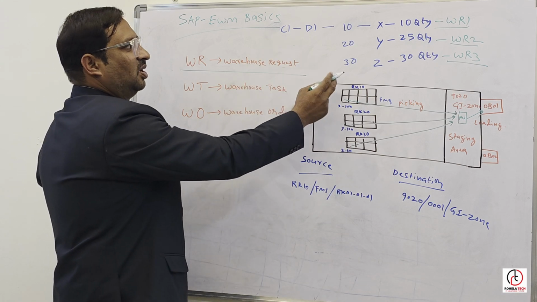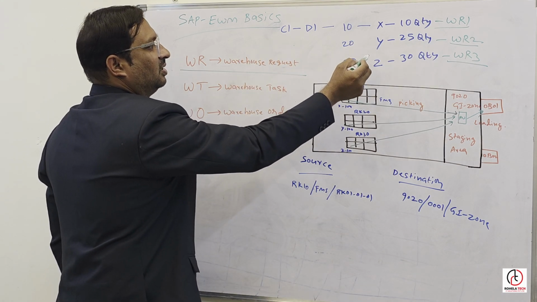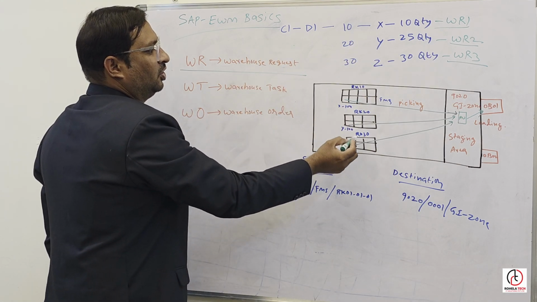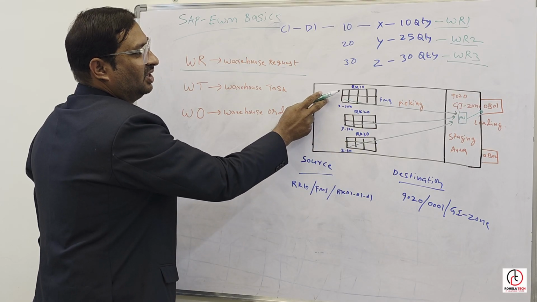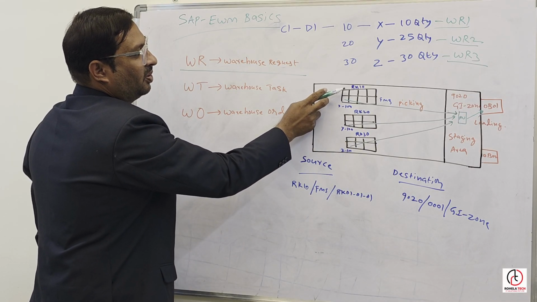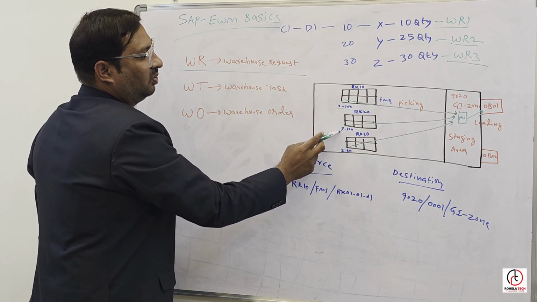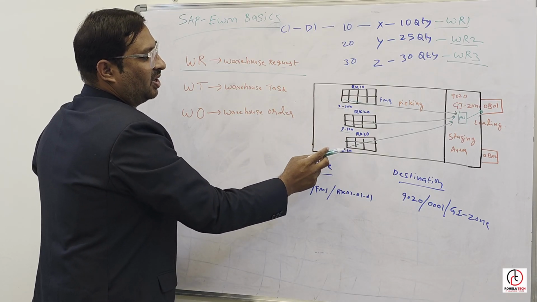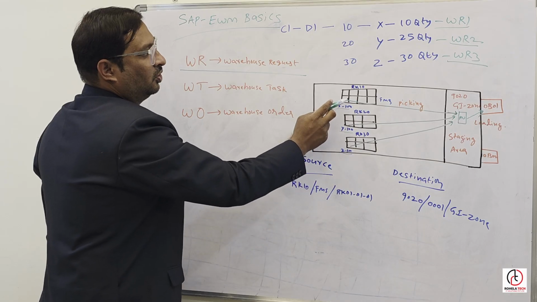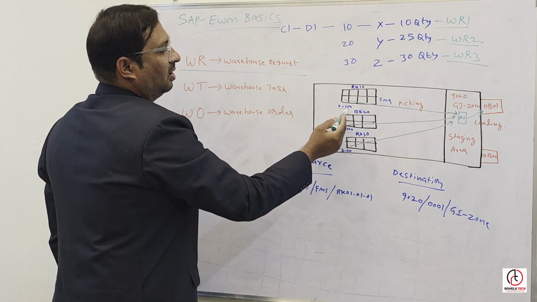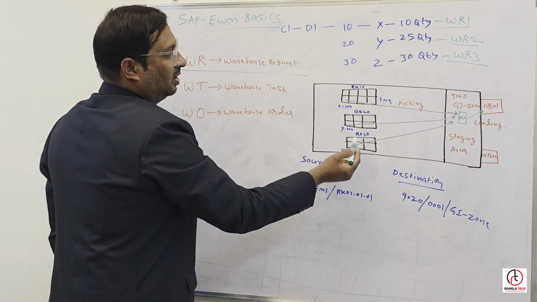So I'll take the same example. X, Y and Z materials need to be picked from these 3 different storage types. From RK10 we are going to pick X material. From RK20 we pick Y material. From RK30 we pick Z material. So how much quantity? 10 here, 25 here and 30 here.